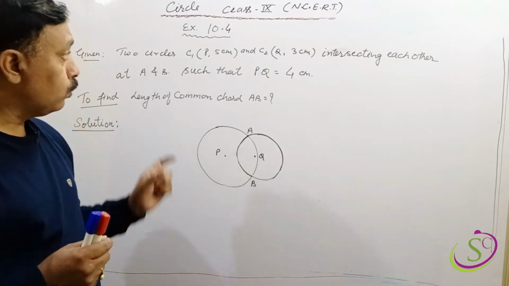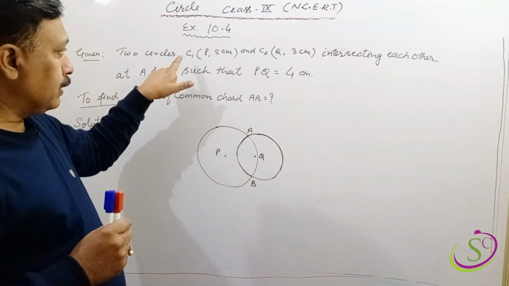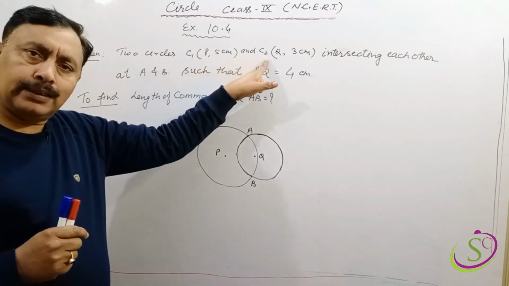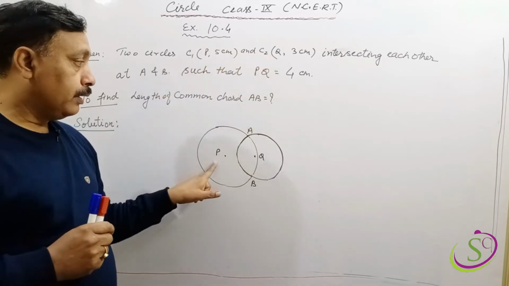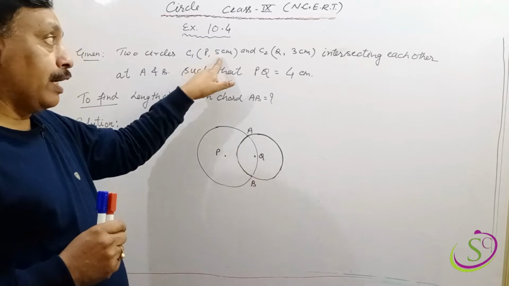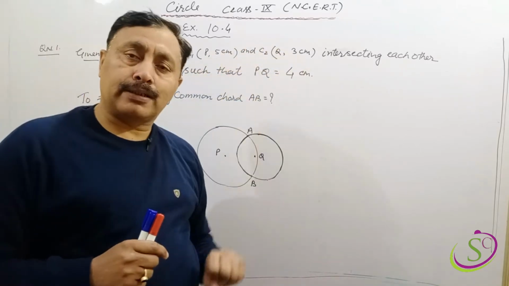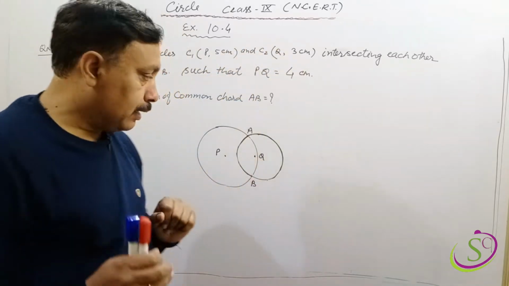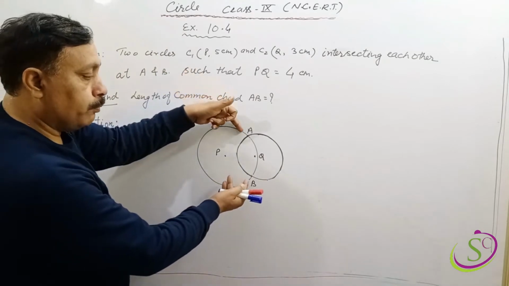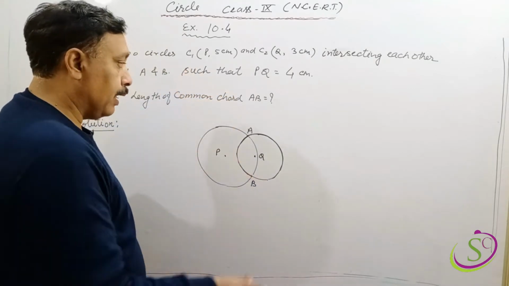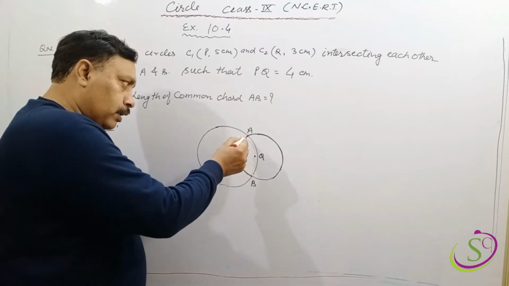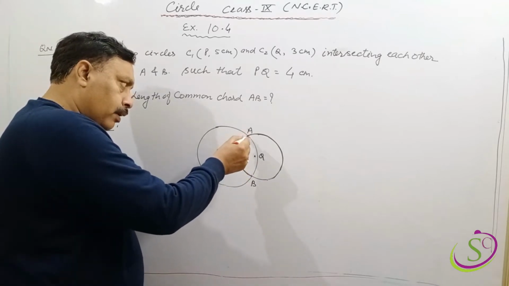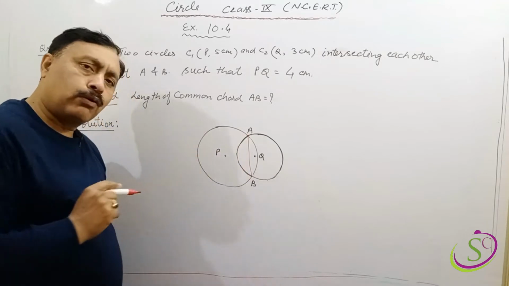Here, two circles are given. One is circle C1 and other is C2, with the centers P and Q and radii 5 centimeter and 3 centimeter. Clear? Both the circles are intersecting at 2 points, one is A and other is B. So, when we join both the points A and B, a common chord is formed.